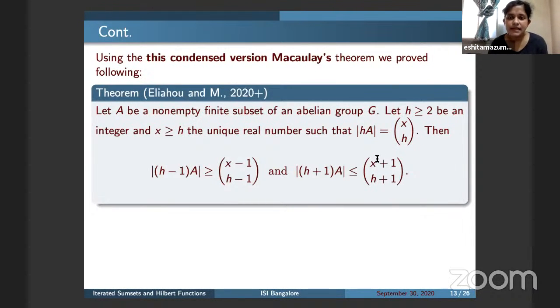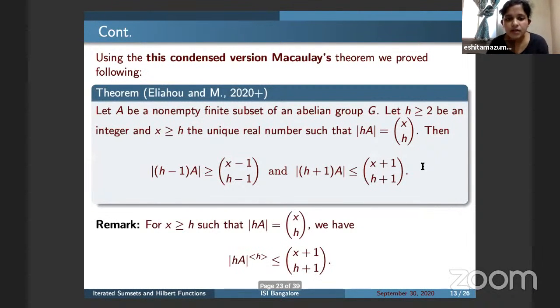It has been observed that this theorem is much easier to handle than the previous theorem. But we have observed that for x greater than or equal to h, if the cardinality of hA is the binomial coefficient (x choose h), then our previous result gives a much better bound than this one.